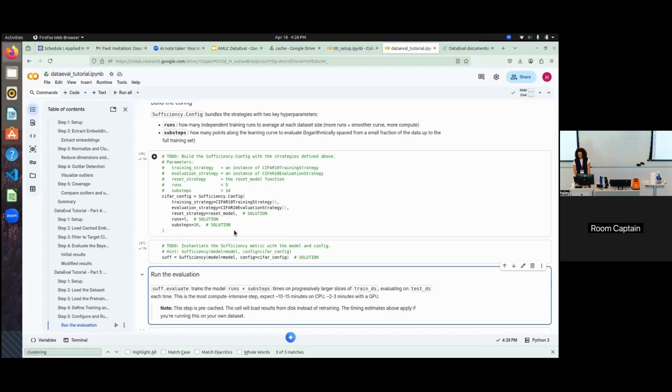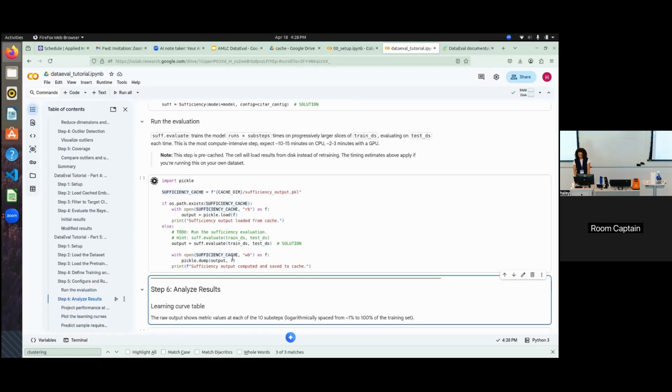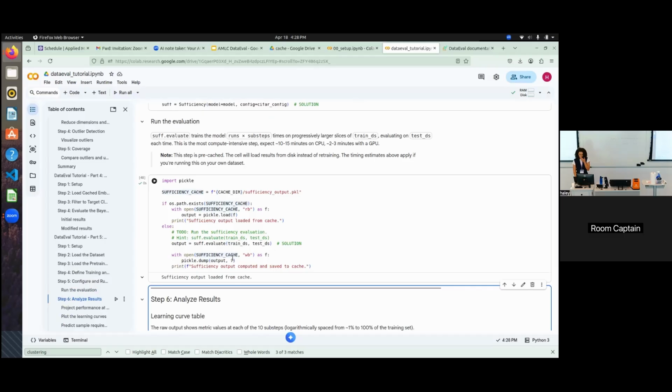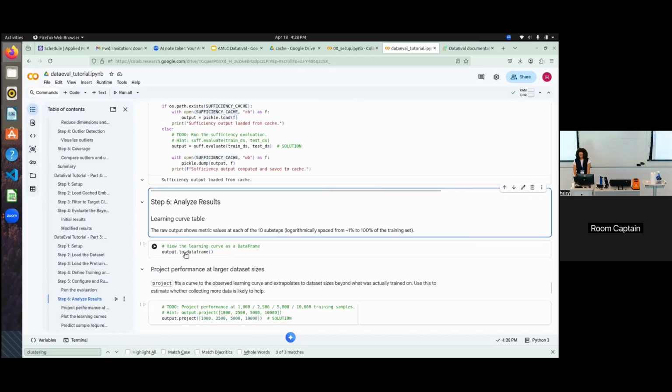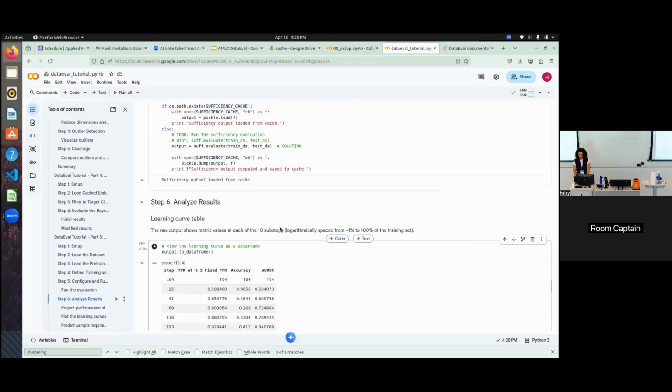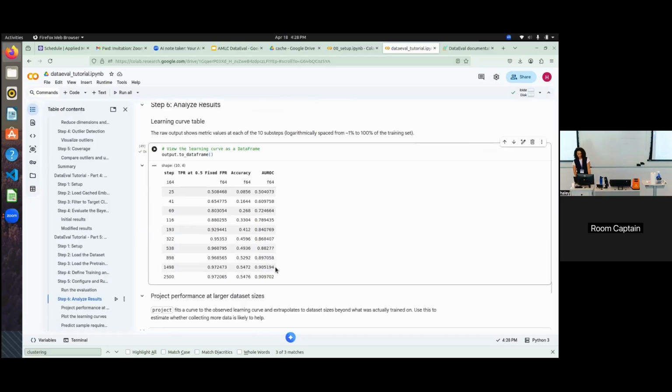Then we run the evaluation, and then we want to analyze the results. So the output here is the true positive rate at 0.5 fixed, false positive rate, accuracy, and the area under the curve.